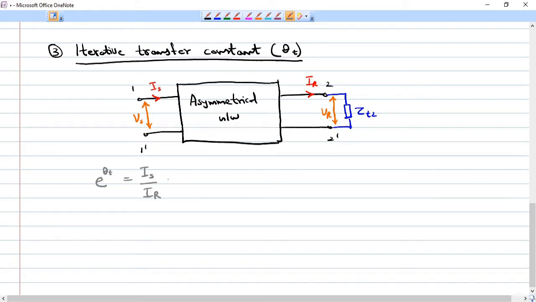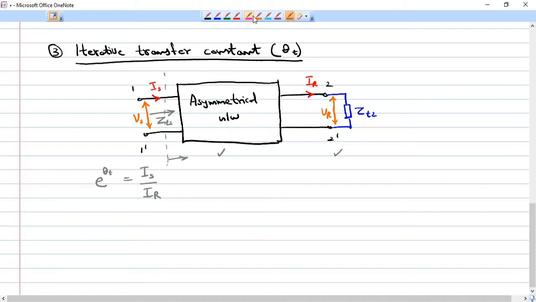When we look at this network from the input side, towards the right, what impedance do we see? The net impedance of this network plus this ZT2 attached to the second port, as per the definition of iterative impedance, will be equal to ZT2 itself.